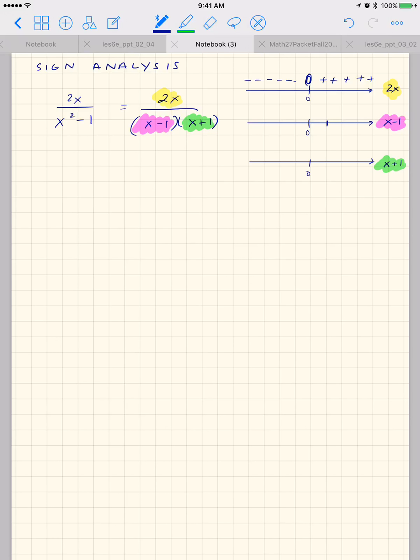When x equals 1. So I'm going to put a 0 here, where x minus 1 equals 0. Then my second question was, when is x minus 1 positive?